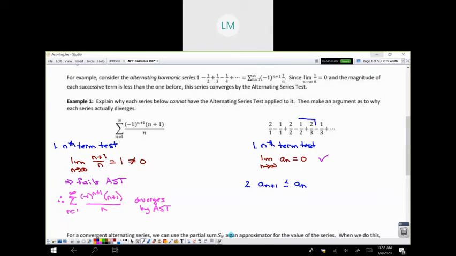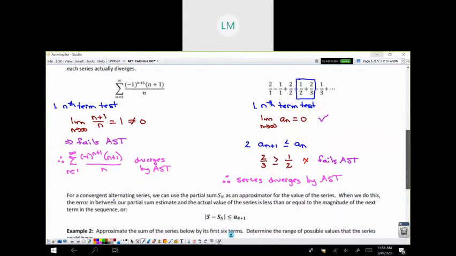Well, we can see here that 2/3 is not less than or equal to 1/2. It's greater than 1/2. So it fails the AST here. So therefore, the series diverges by the alternating series test.